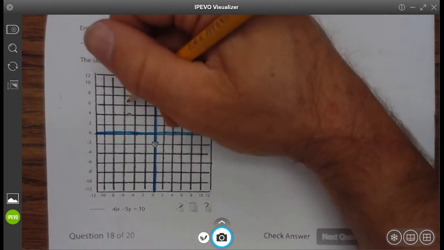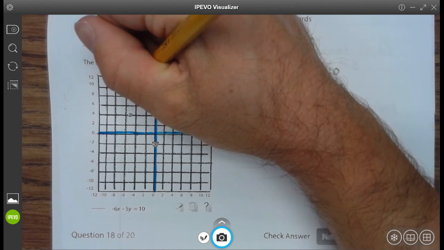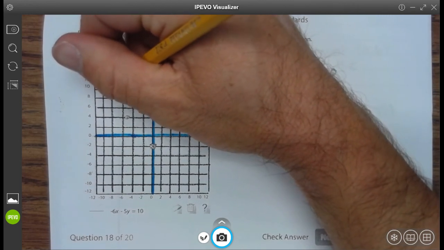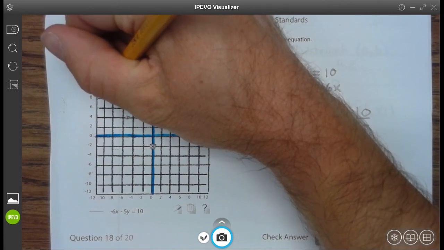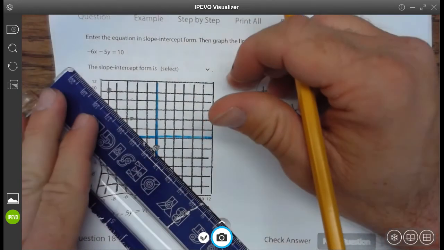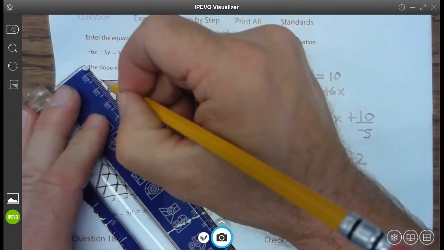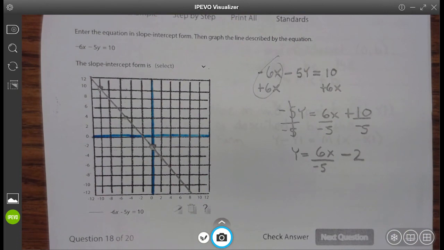Now we go up 2, 4, 6 to the left 1, 2, 3, 4, 5. All right, and then connect our points to draw a line. All right, go ahead and finish up example 18.